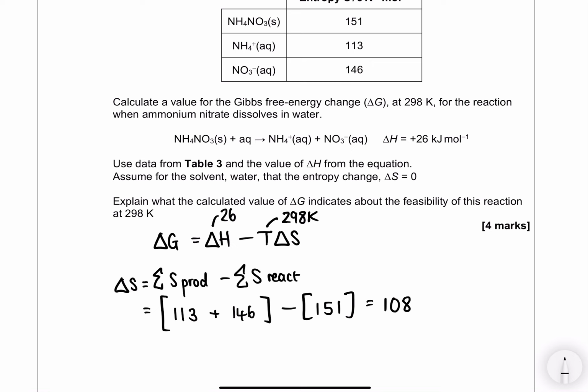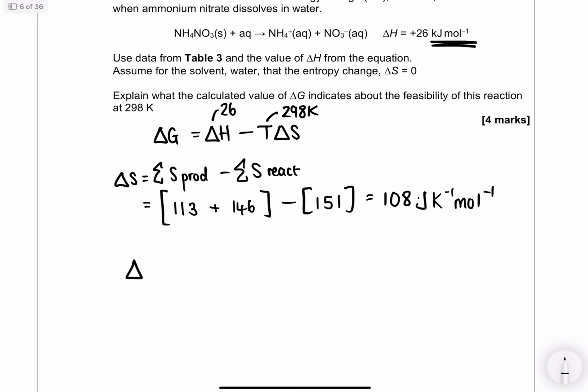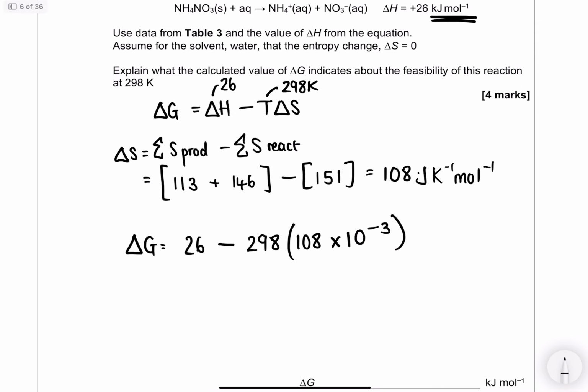But remember, we're adding up entropies, so that's in joules per Kelvin per mole, and delta H was in kilojoules per mole, so we need to be careful. So delta G equals delta H, 26 kilojoules per mole, minus 298K temperature, times delta S, but we want to convert it into kilojoules per Kelvin per mole, so we're going to divide by 1,000.